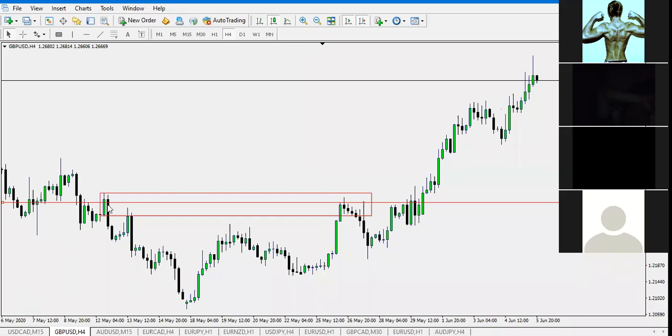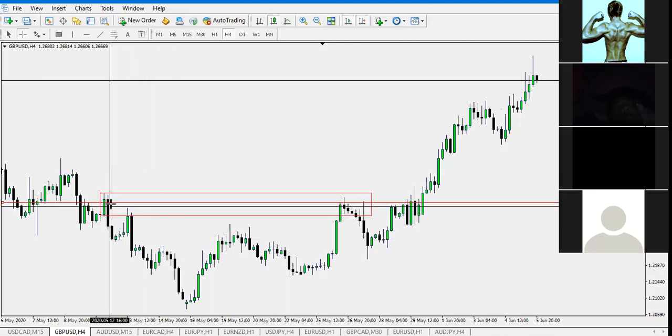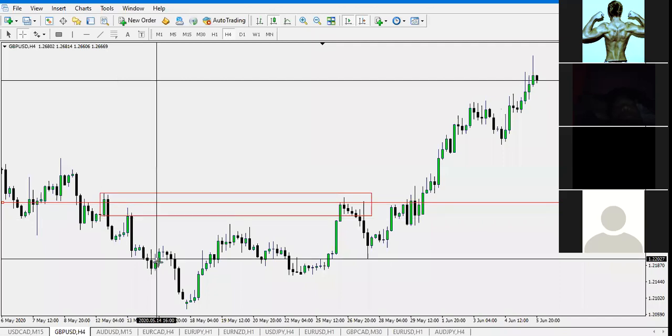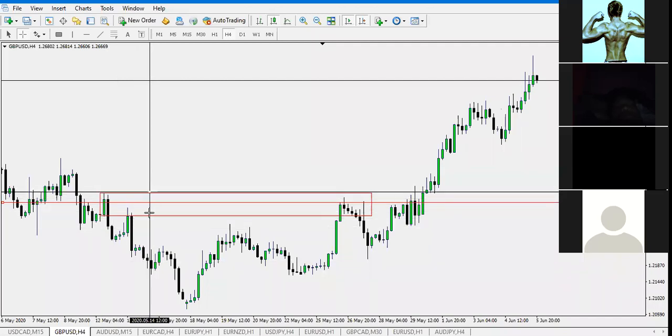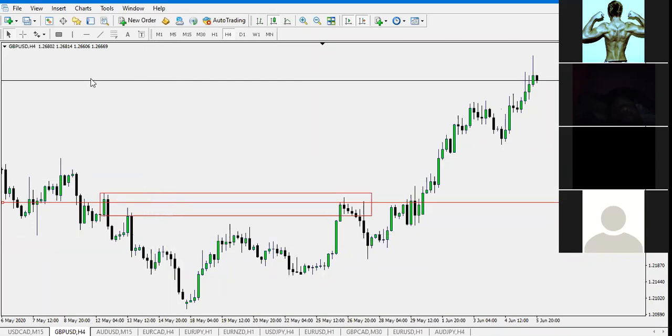Now, just because the trend, the institutional order flow, has changed, that does not mean that these order blocks are not valid anymore. They have not been tested in price. So price hasn't come back up to test these order blocks that were created over here. Only when price tests it and closes above it is the order block violated. Okay, so these are still valid order blocks until price closes above.